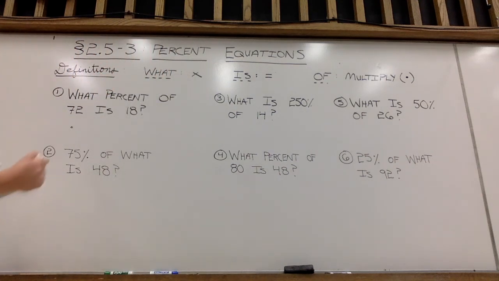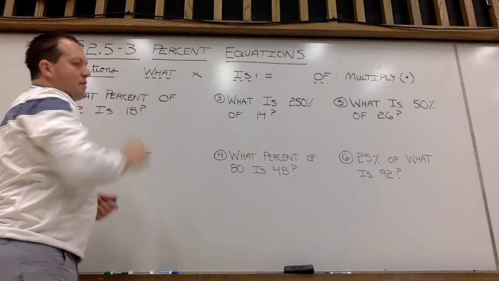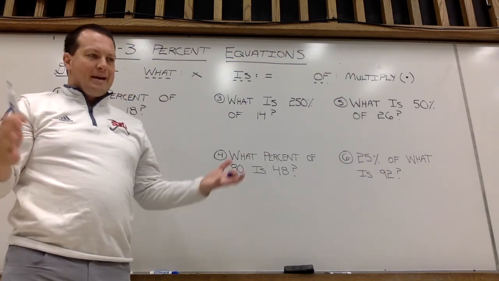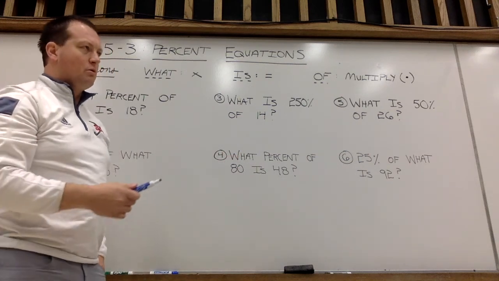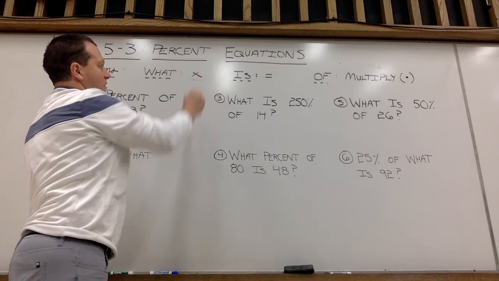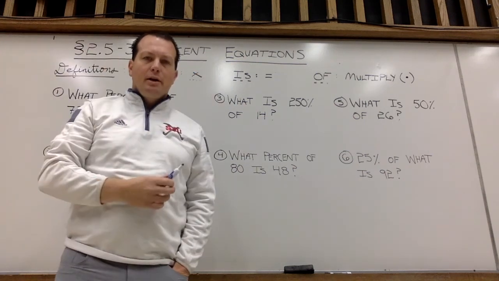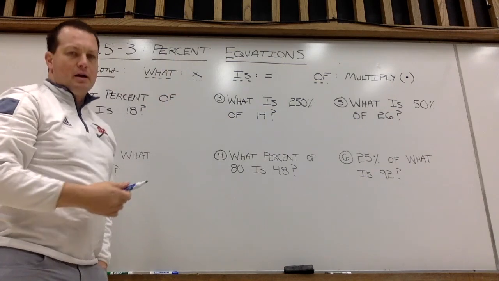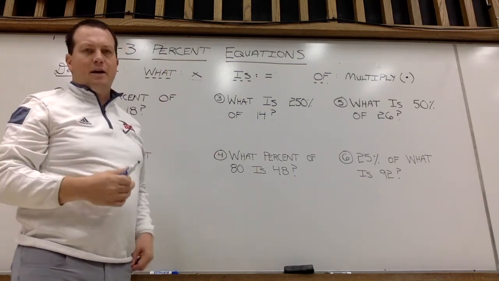Those three keywords, first is the word what. If I'm trying to figure out what something is, that's an unknown value. So what is it? I don't know. So we're going to give that our generic letter. You can use any letter you want. I just have X up here to indicate, hey, I'm trying to find what something is.